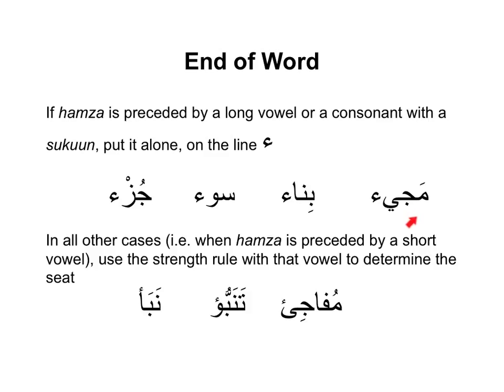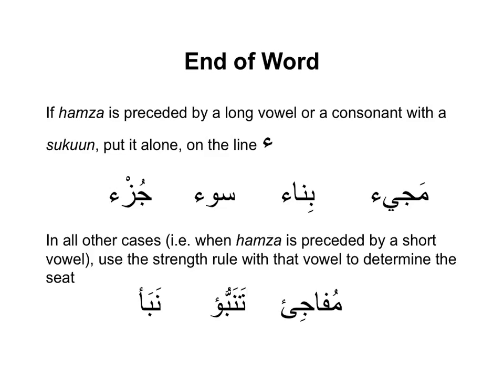So we can see, for example, maji', which has the long vowel e, bina', which has the long vowel a, su', which has the long vowel u, and then many, many words like juz', where there's no vowel before the hamza, and so the hamza is written on the line.